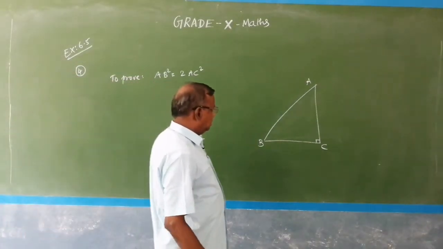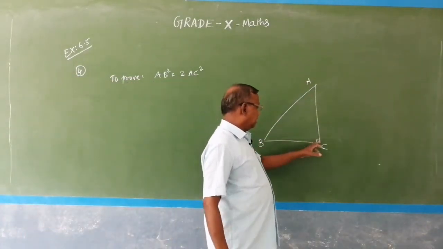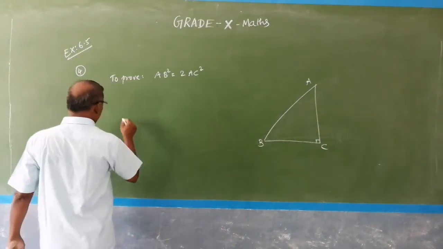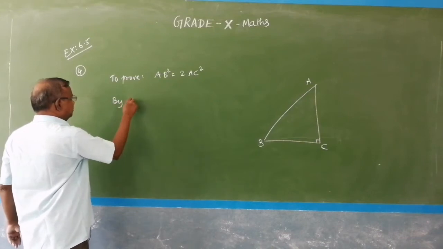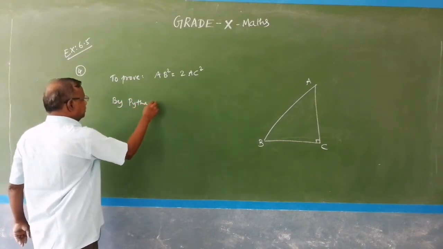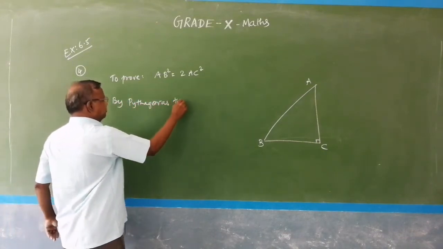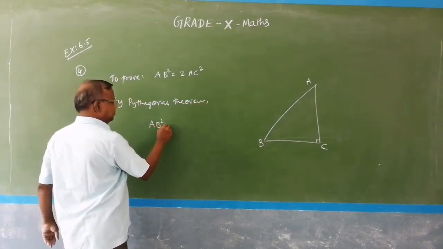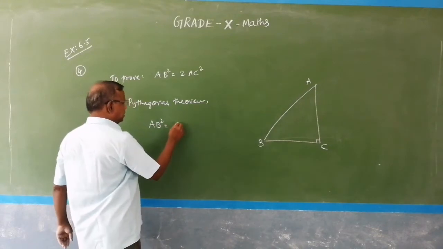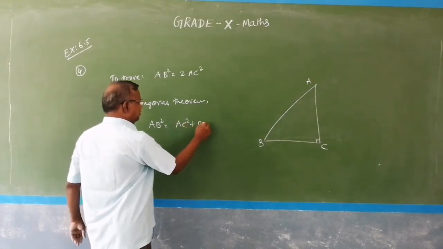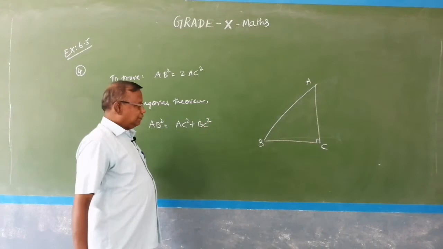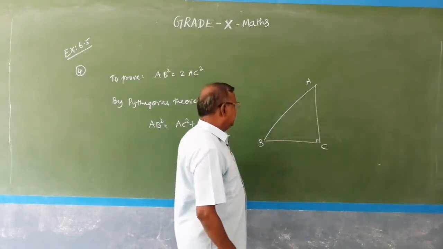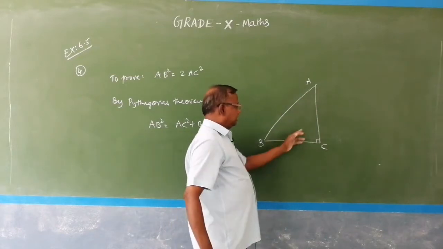Since in this right triangle angle C equals 90 degrees, AB is the hypotenuse. Therefore, by Pythagoras theorem, we have AB square equals AC square plus BC square. But it is given that ABC is an isosceles triangle. AB cannot be equal to either of these sides, because AB is the hypotenuse.